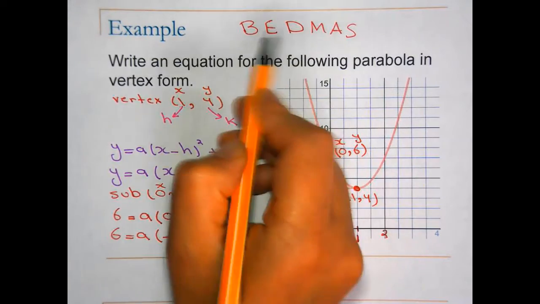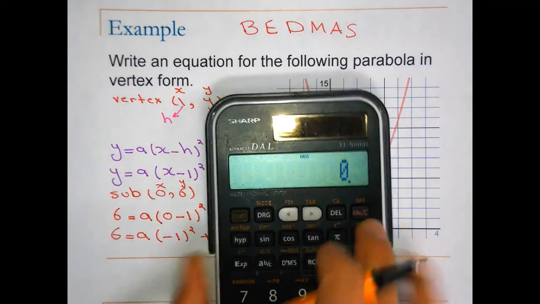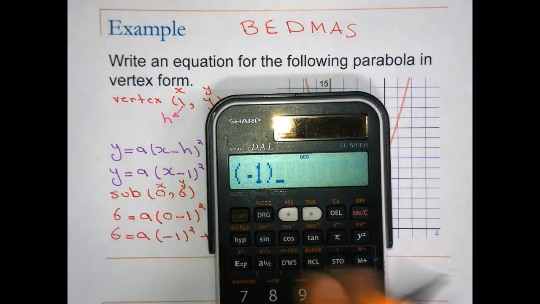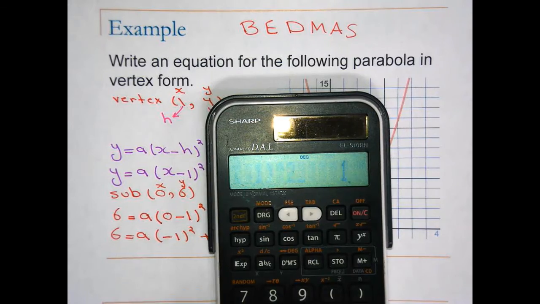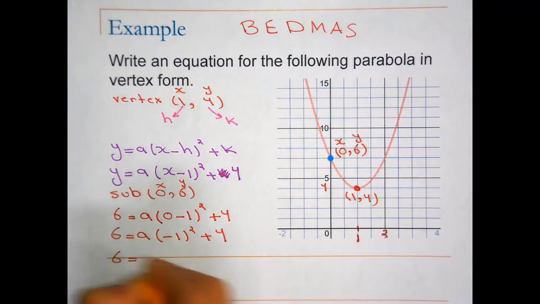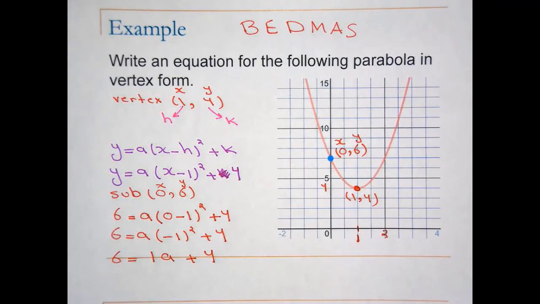Order of operations, next is exponent. Now, negative 1 in brackets squared will give you 1, okay? So 6 equals, you typically don't write a times 1, you write 1a plus 4.